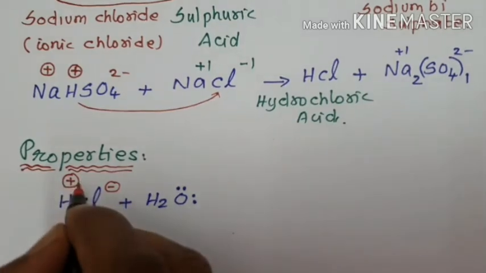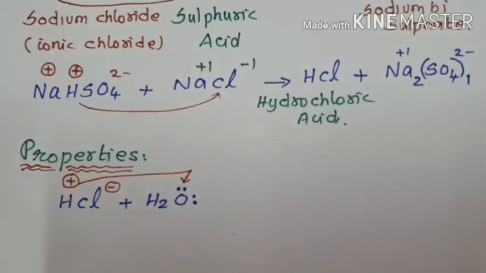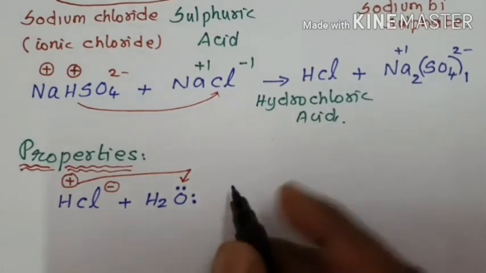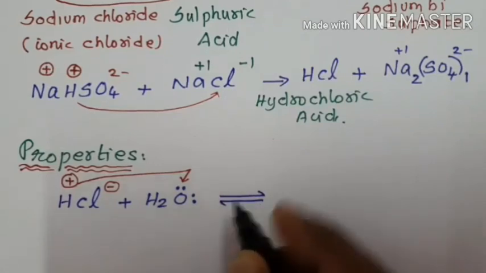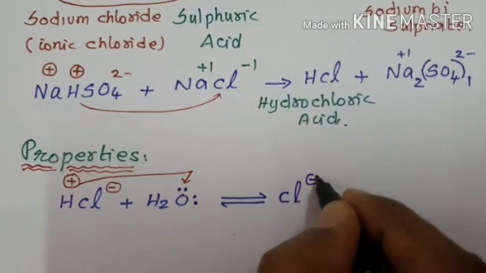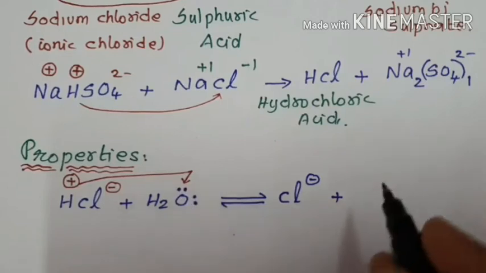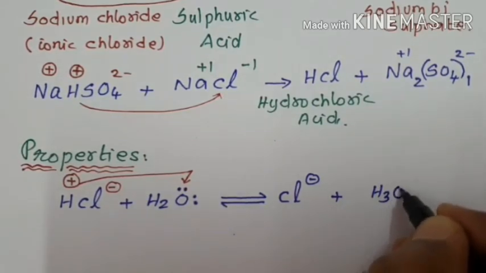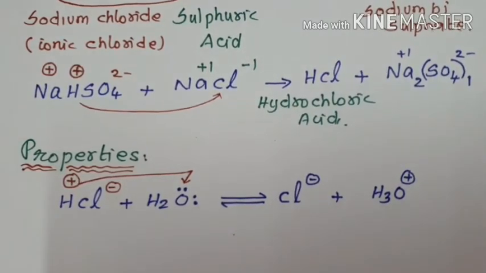When this H plus ion moves towards the oxygen of water, oxygen donates a pair of electrons, thereby HCl becomes Cl minus ion, and H plus is added to the water molecule and it becomes H3O plus ion.